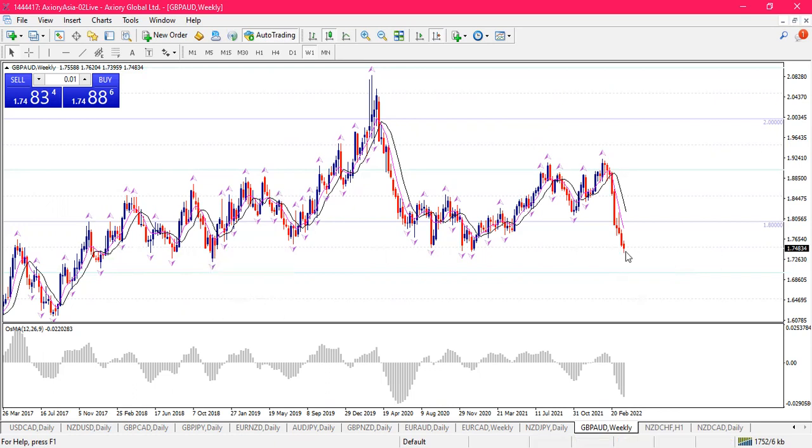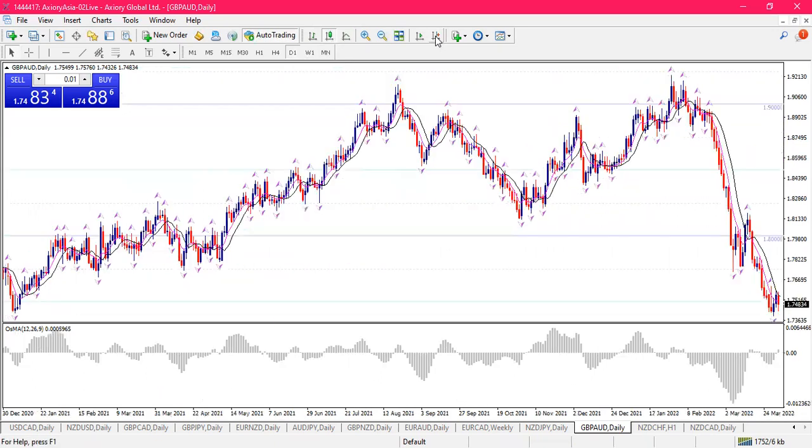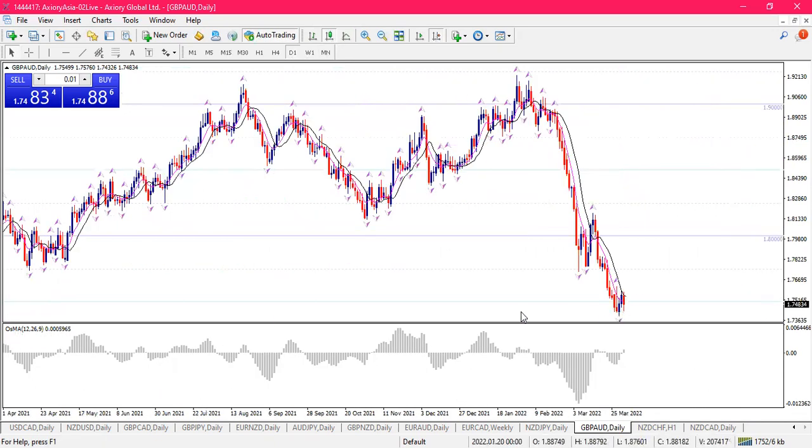So it's likely for history to repeat itself, where we're going to see a possible rejection up back to 1.80 right here. Now when we come down to the daily time frame, we can see that there was a strong sell and price tried to break back above 1.80, which it did, but the buying pressure was not enough to sustain it back up.